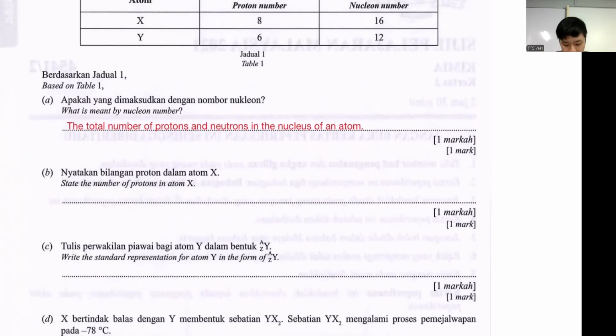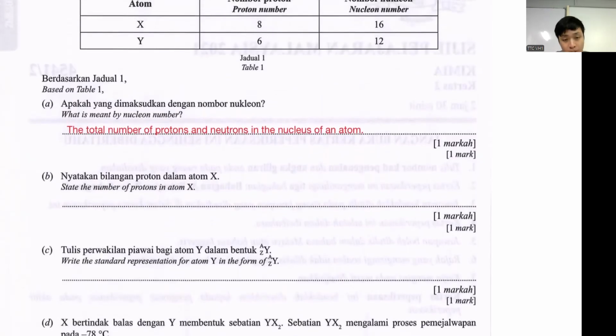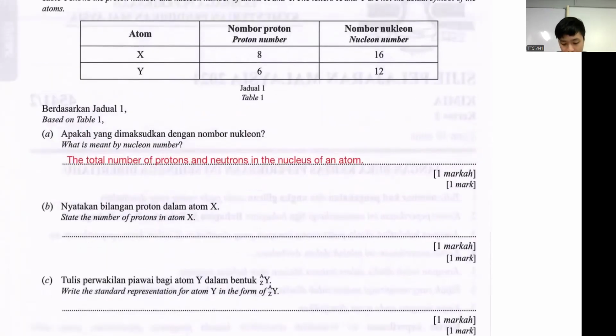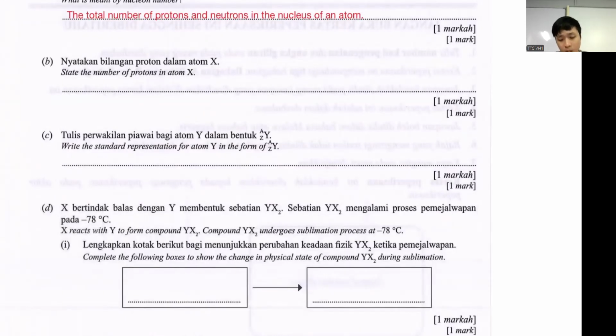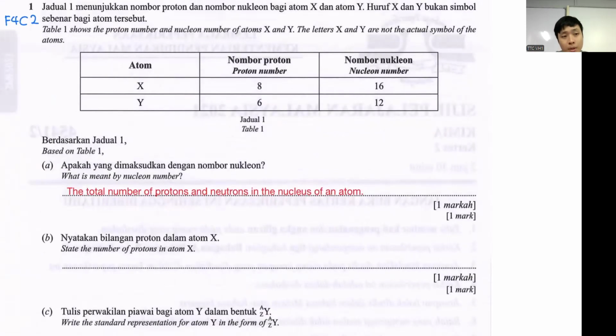Then B, state the number of protons in atom X. So look at this. They gave you in the table two different elements, atom X and Y. In this case, the proton number for X is 8, nuclear number is 16.